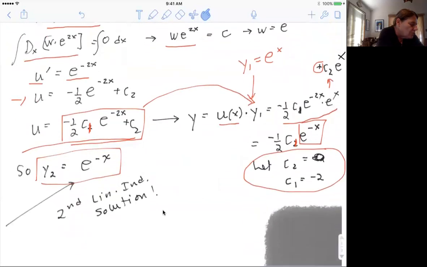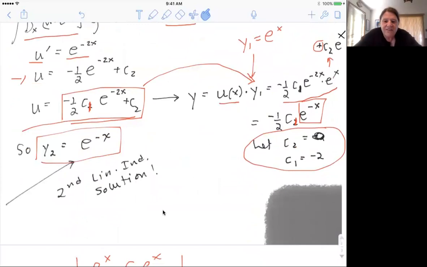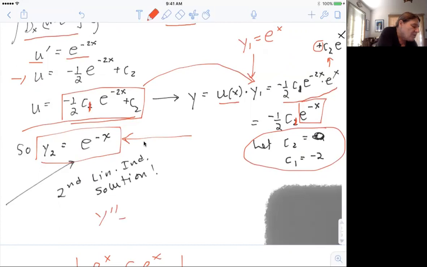I think you'll see what I'm doing. What it says here is that this thing we just found is the barest form of another solution to that DE. If you check it out, y double prime minus y, if you differentiate it twice and plug in e to the minus x, you'll get 0.